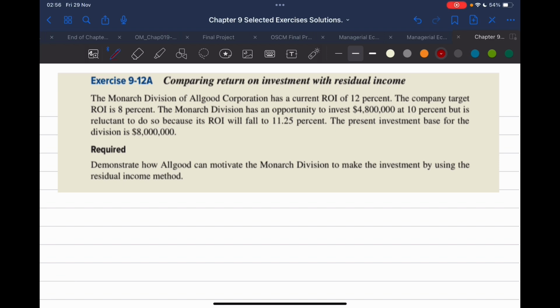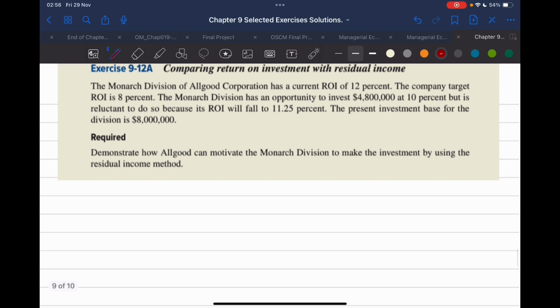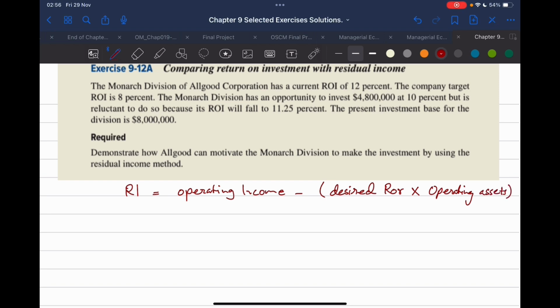First, just to remind you, I will write down the residual income formula. Residual income equals the operating income minus the required rate of return multiplied by the operating assets. That's the formula that we've been using.